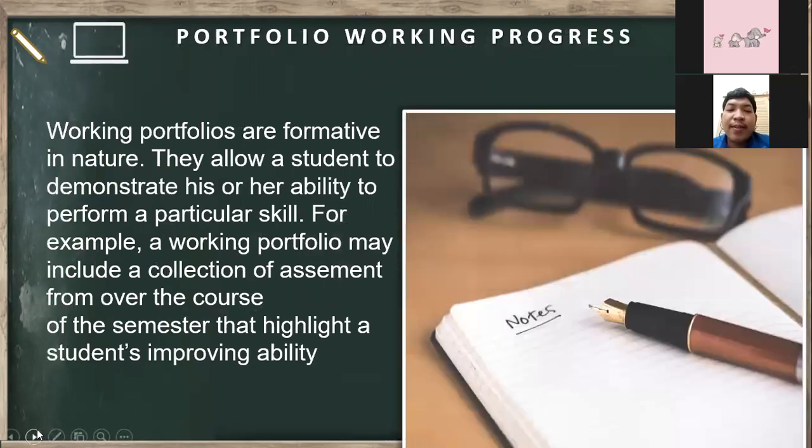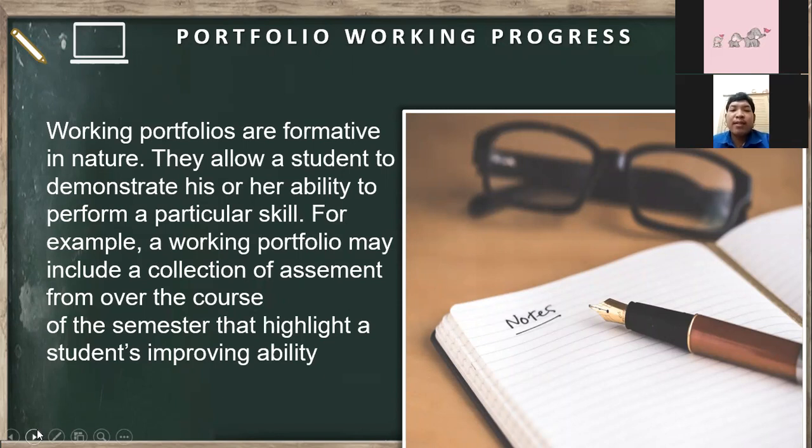The first is portfolio work in progress. This is the type of portfolio where the teacher must allow the student to demonstrate his or her ability to perform a particular skill.